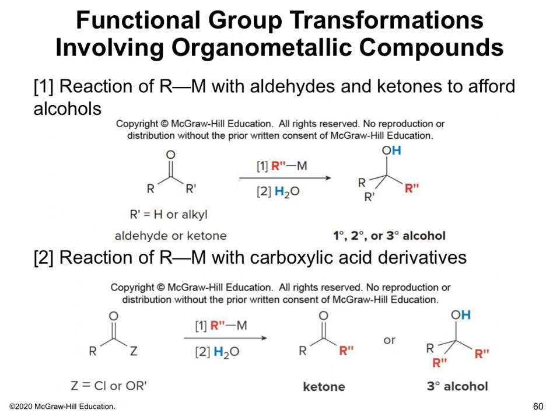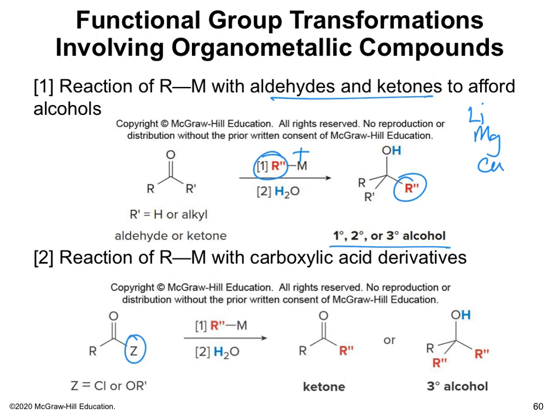And so they're showing you here M is a metal. So we've seen the metals, we've seen lithium, we've seen magnesium. We've also seen some copper. And then this delivers the R. So there's your R. Aldehydes and ketones are going to make alcohols.